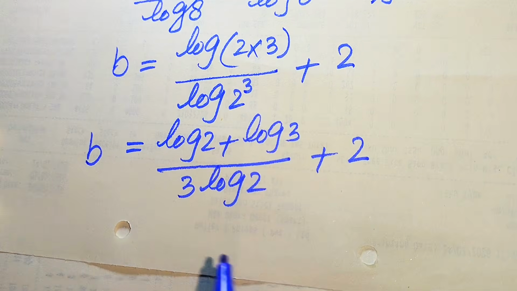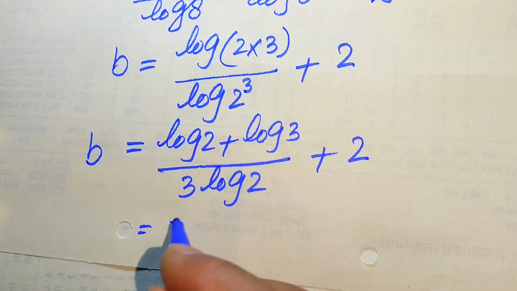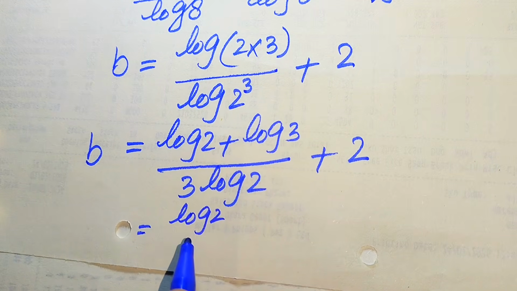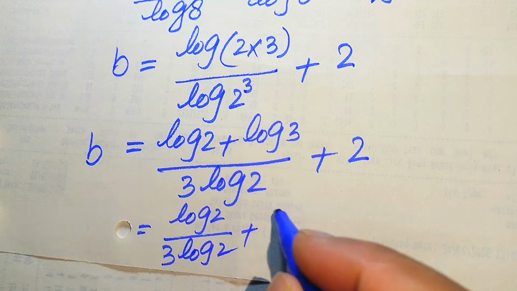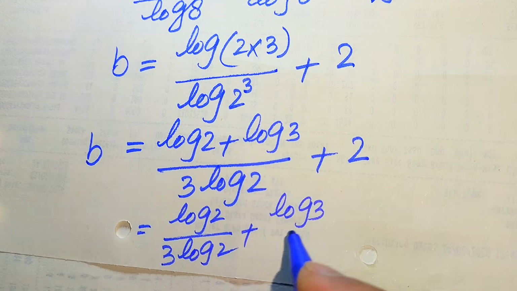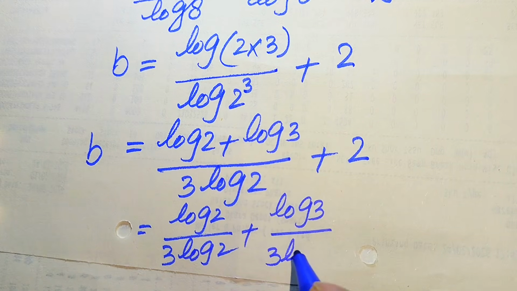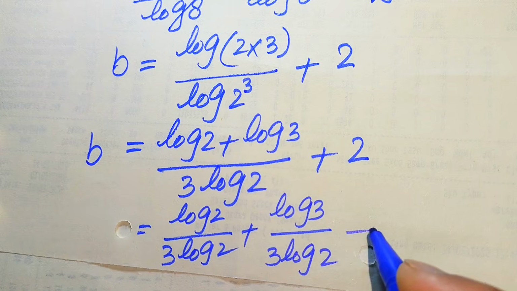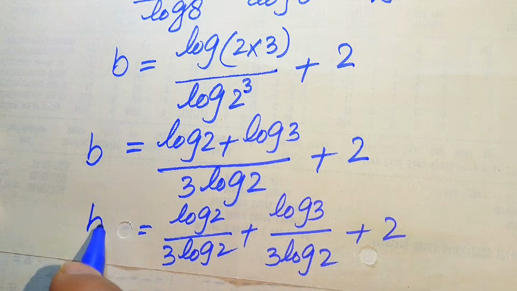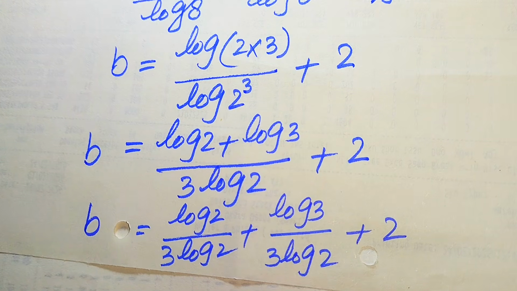When we break this fraction, it becomes log of 2 divided by 3 times log 2 plus log of 3 divided by 3 times log 2, and plus this 2, this is the value of b.